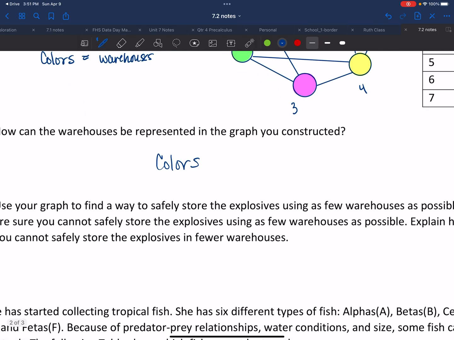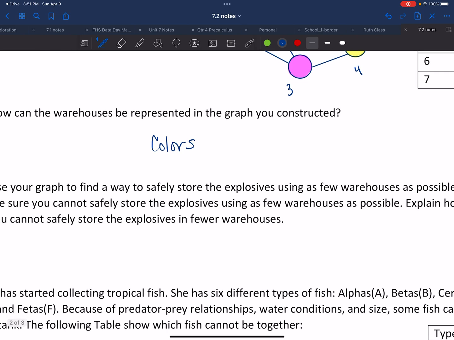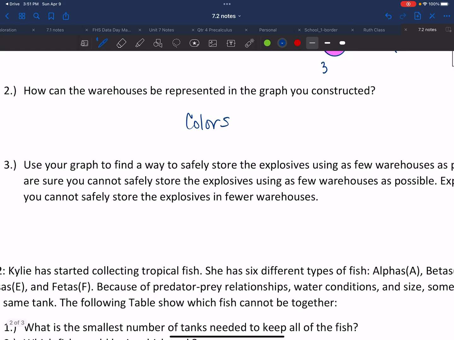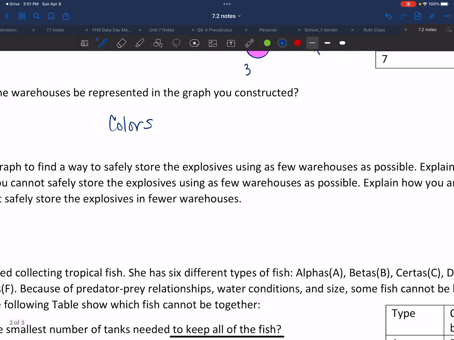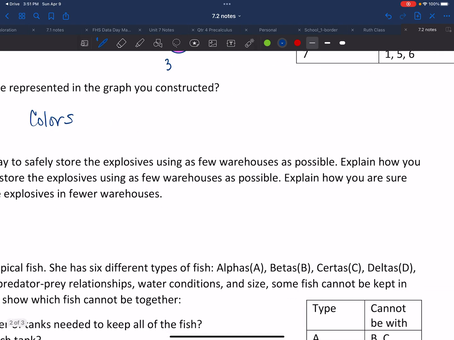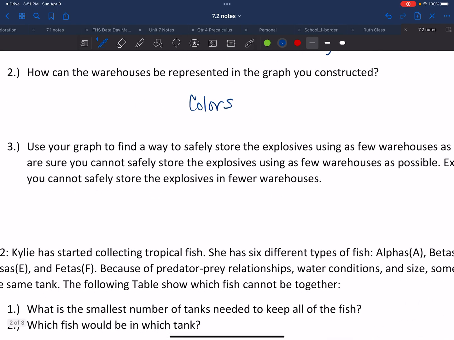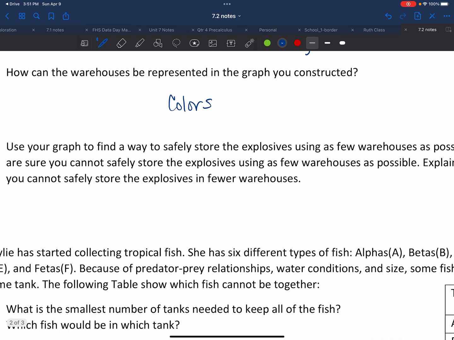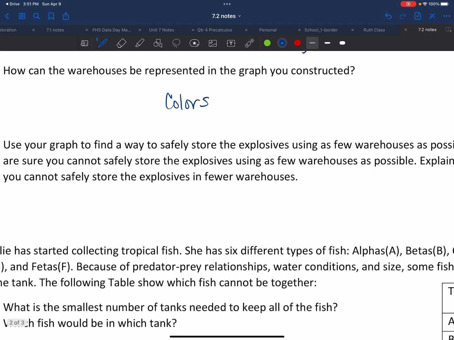Use your graph to find a way to safely store the explosives using as few warehouses as possible. Explain how you are sure you cannot safely store the explosives in fewer warehouses.